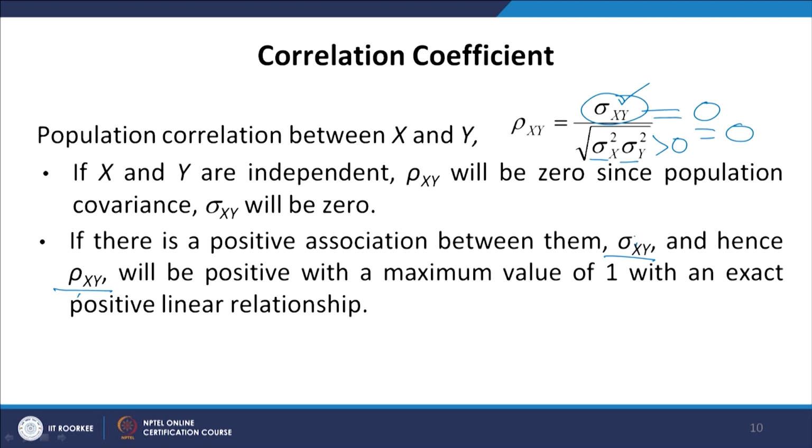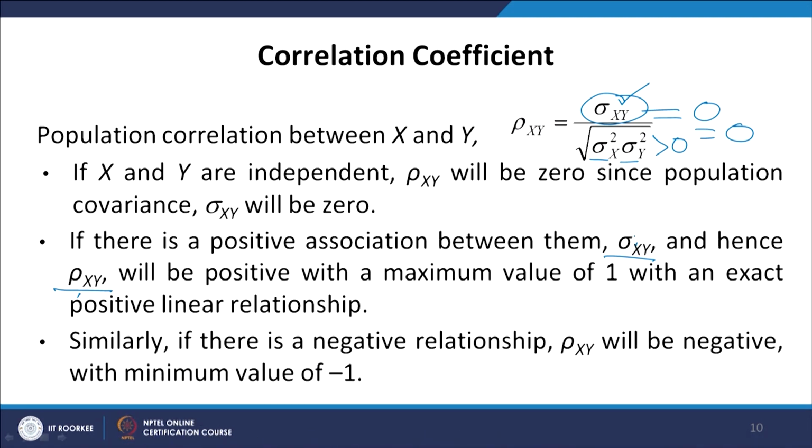Then we talk about the values it can take. Actually, it can take a maximum value of 1 and a minimum value of -1. So, if there is a negative relationship, rho xy will be negative and the minimum value is equal to -1.